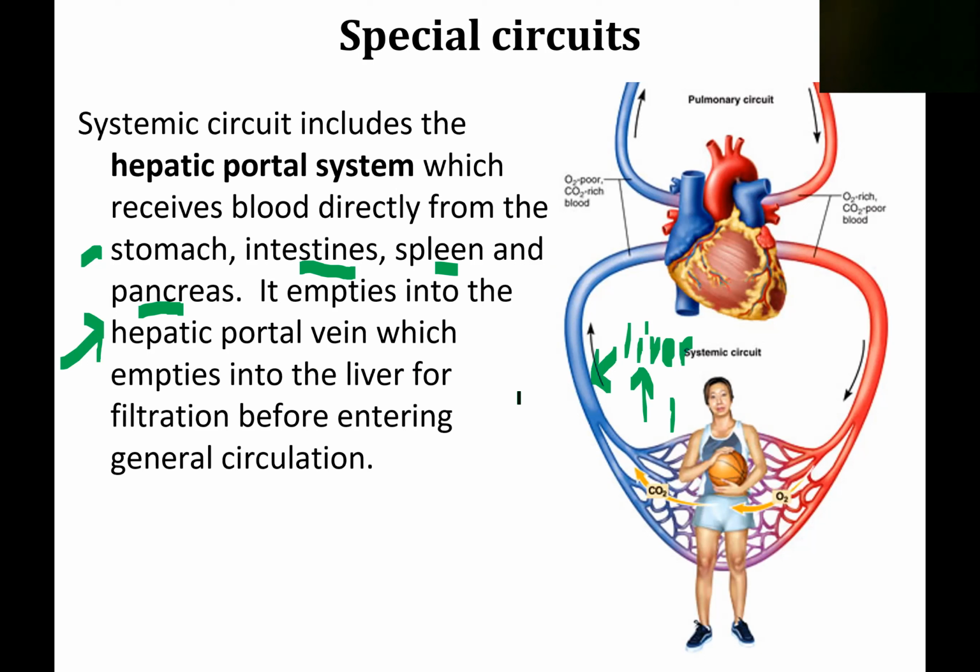So the hepatic portal system is a defense mechanism. If we think about what's coming out of the stomach and the intestines, we're digesting materials.